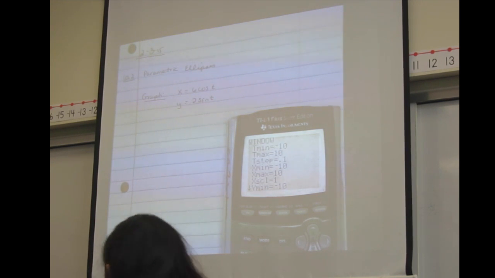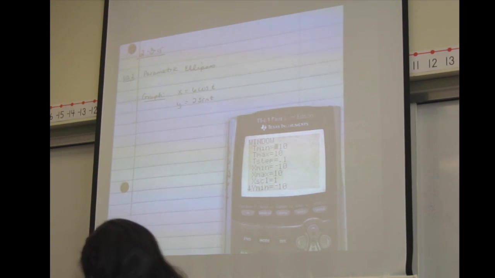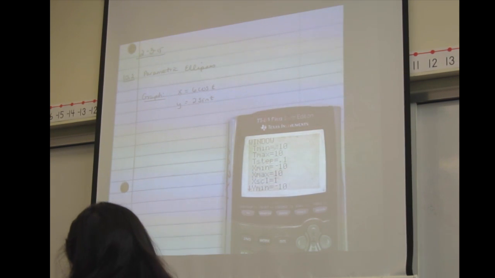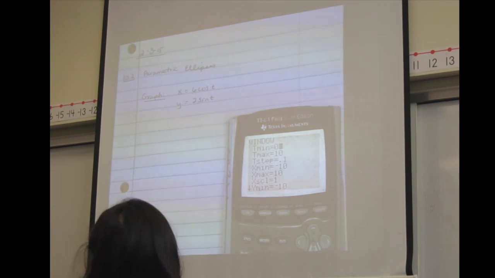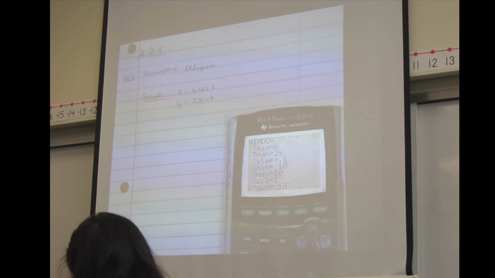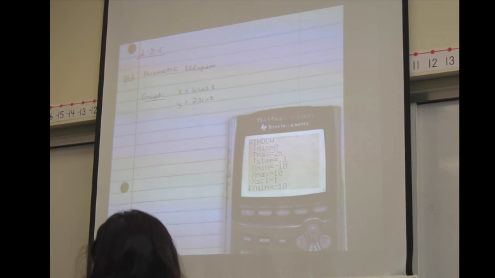If we're in radians and I asked you to complete just one period, what interval would you give me? 0 to 2 pi. So let's try that. Steps of 0.1 is fine. You don't want it too big because otherwise it looks choppy, and you don't want it too small because then it's going to take forever.